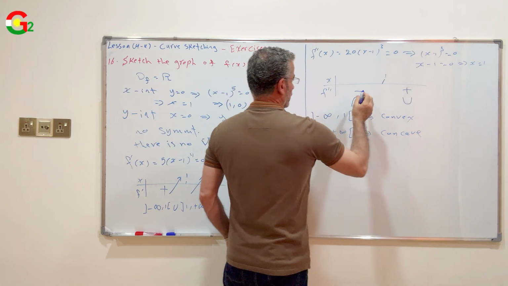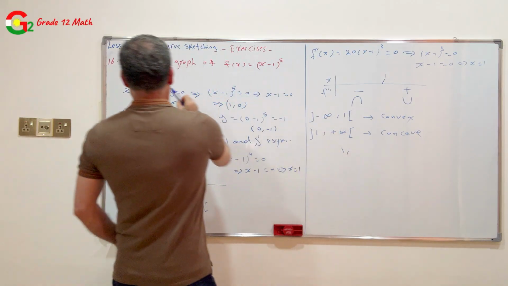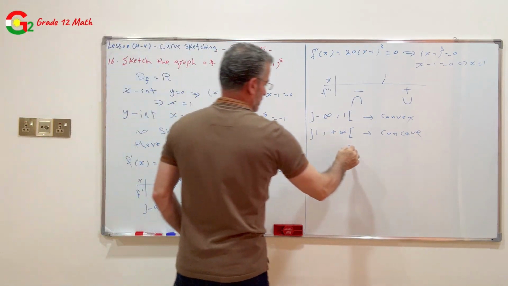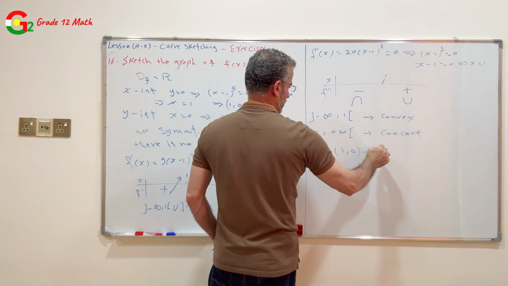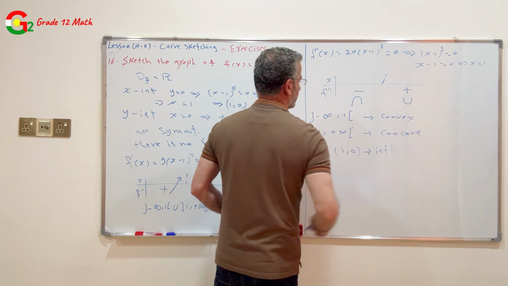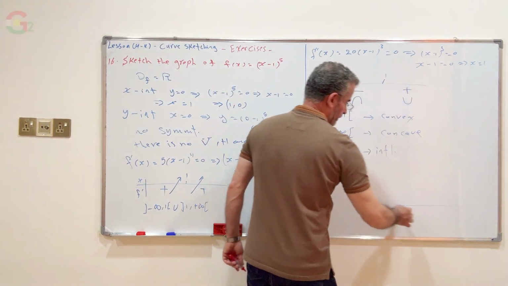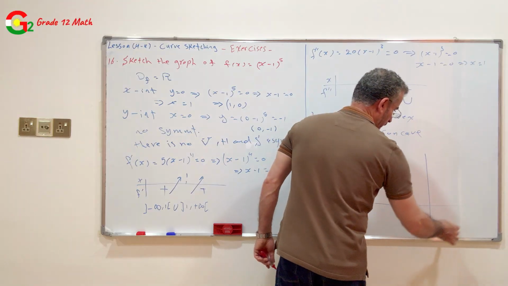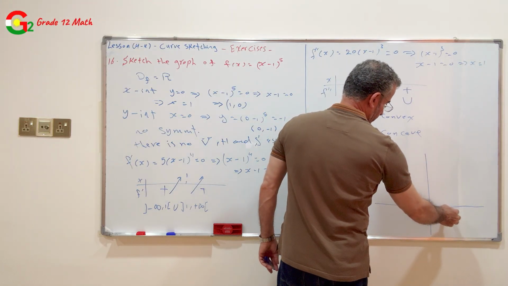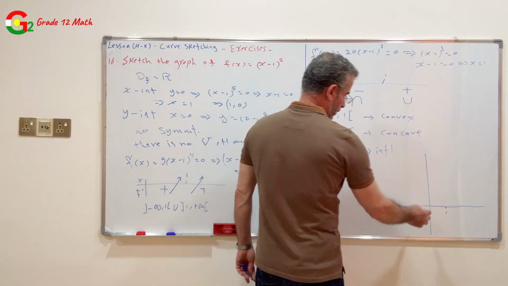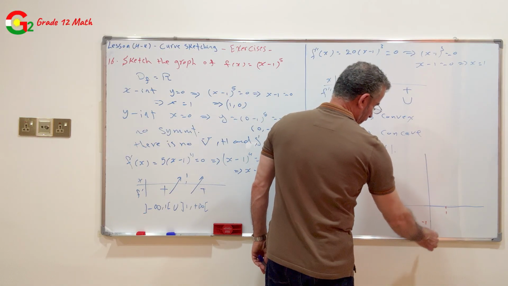And the point 1, substitute 1 in this function. (1, 0) is an inflection point for this function. The graph of this function will be, this is the axis. We have the x-intercept point at (1, 0) and the y-intercept point at (0, negative 1).